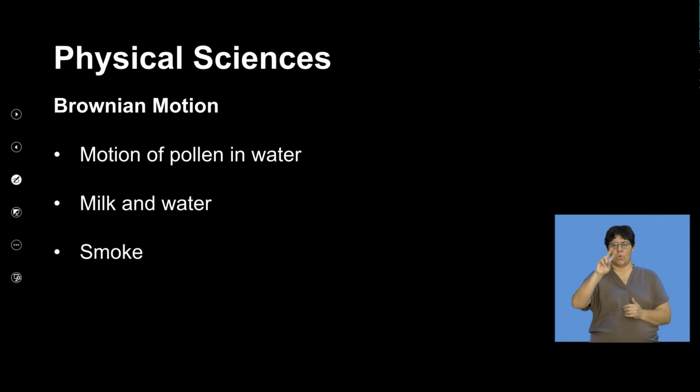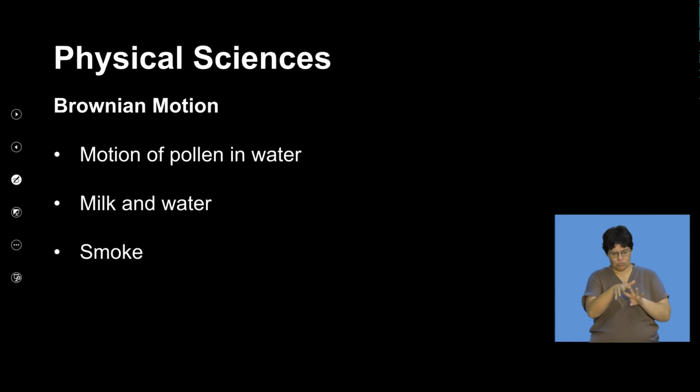According to Brown, the motion of pollen was observed in water. Pollen are grains from flowers. So if they were put in water, because they are colored, you can realize that they actually move through water molecules.